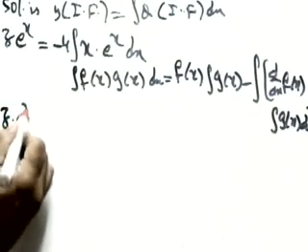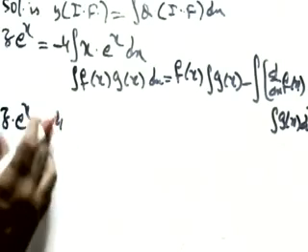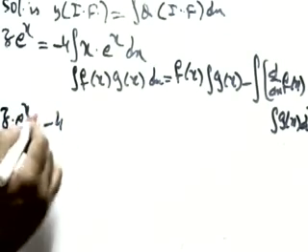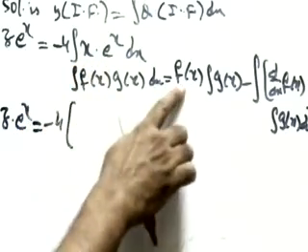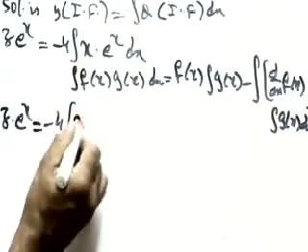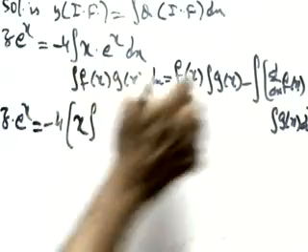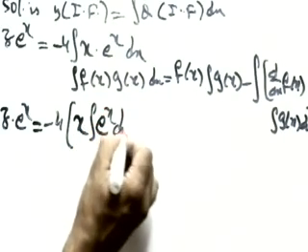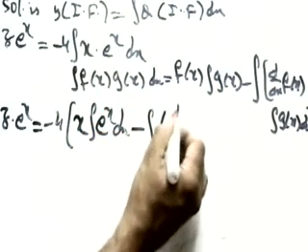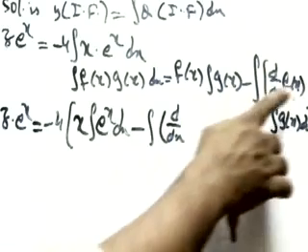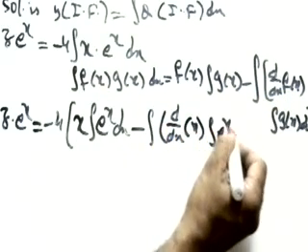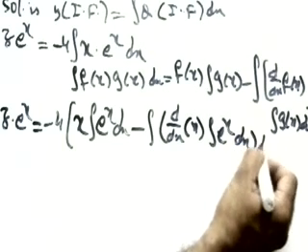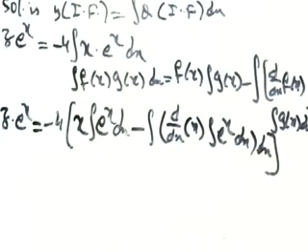Write this as it is: z into e power x equals minus 4 times the bracket. Now use this formula: f of x means x, and integration of g of x, where g of x is e power x, minus integration of d by dx of f of x, which is 1, times integration of g of x, e power x, dx.